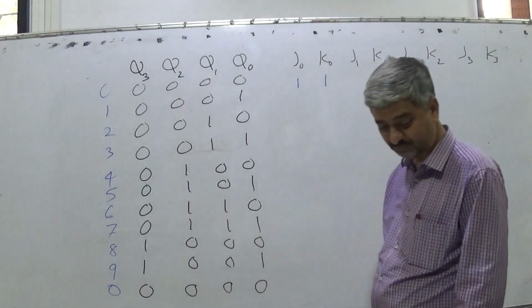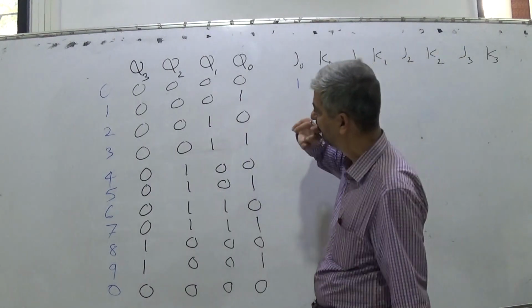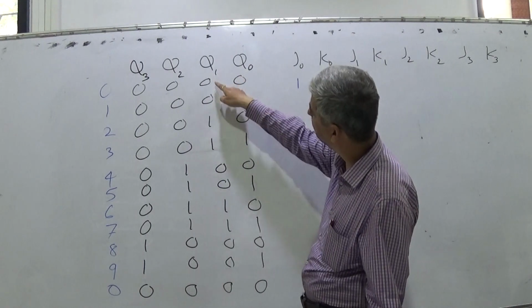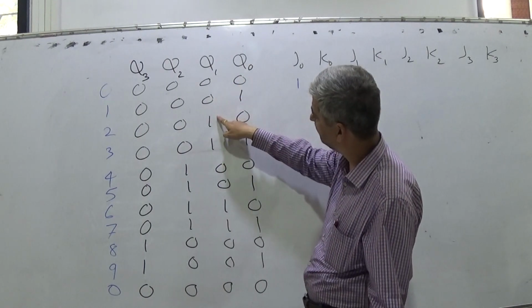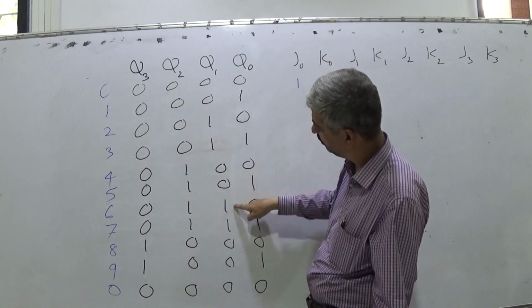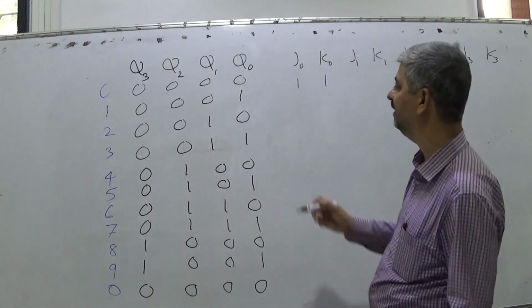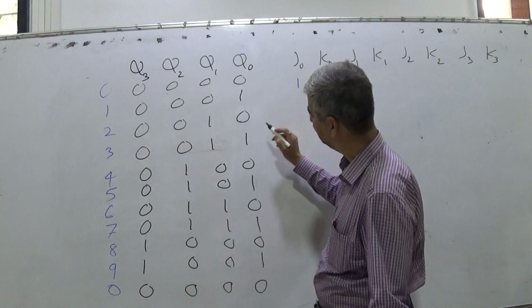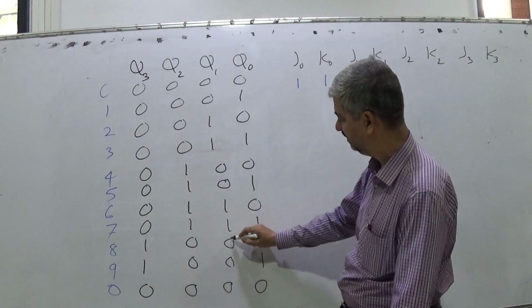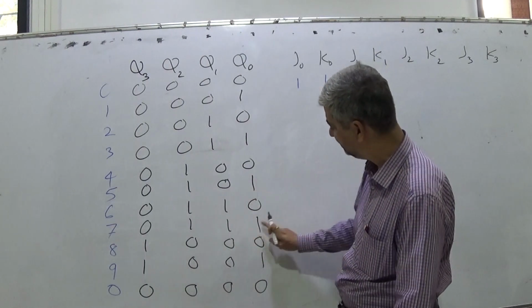Now, if we watch Q1, what you find is that Q1 continues, Q1 toggles, Q1 continues, Q1 toggles. So Q1 toggles when Q0 is 1, every time Q0 is 1.